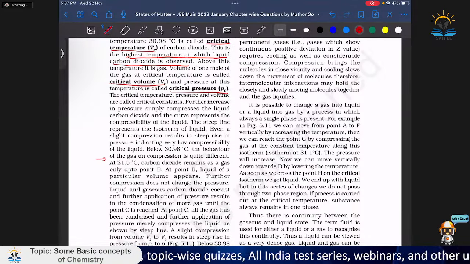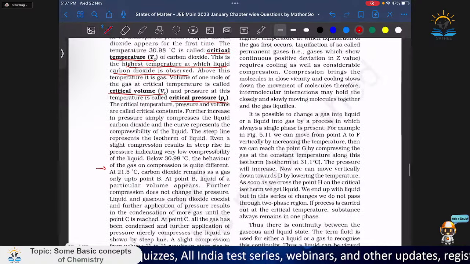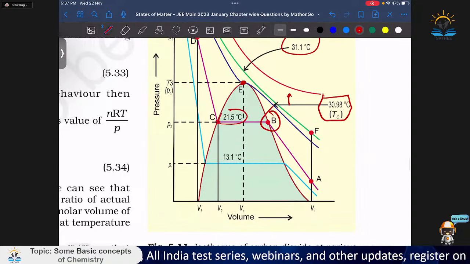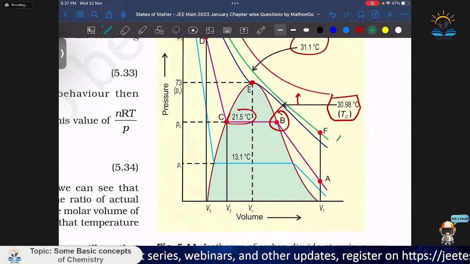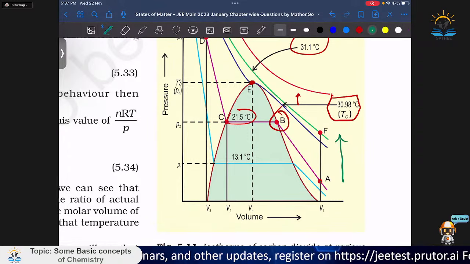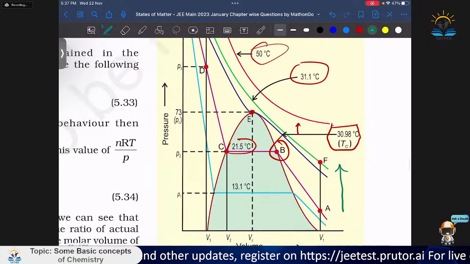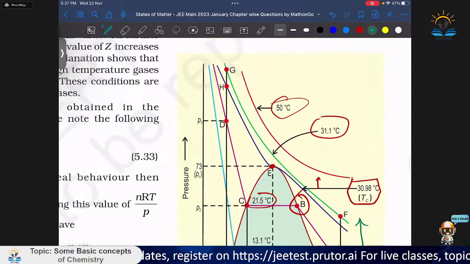We can move from point A to F vertically by increasing the temperature. So what they are doing, I'll draw it with a green marker for you to understand. They are going directly from A to F for the gas. They are increasing the temperature from 21.5 to 31 degrees Celsius. And then they compress the gas till G.